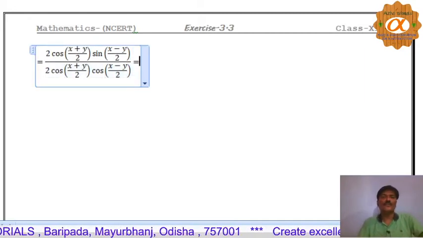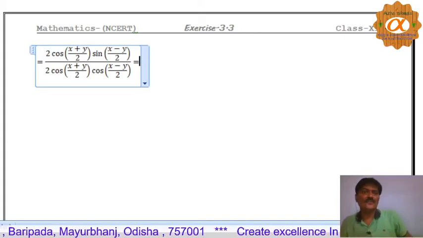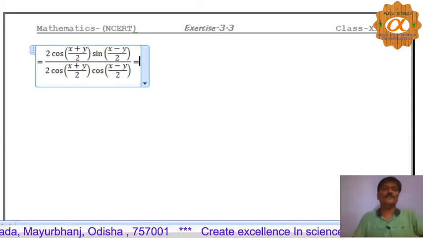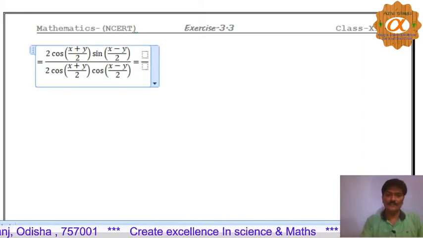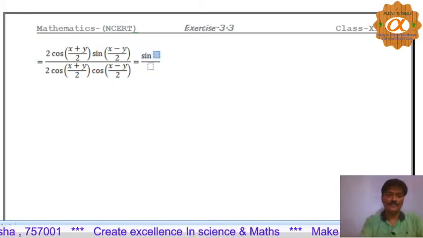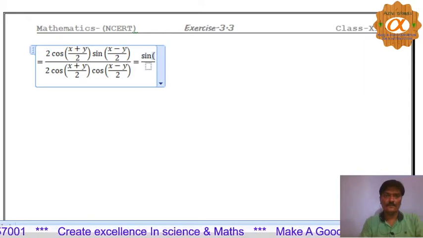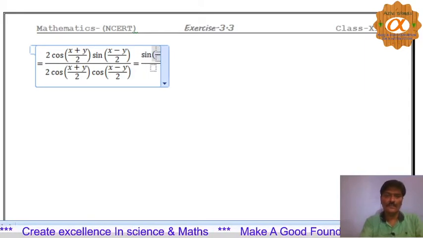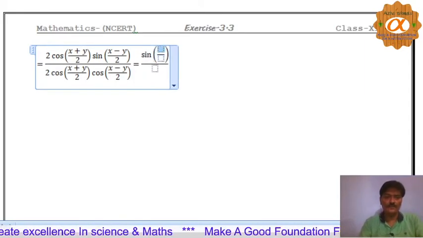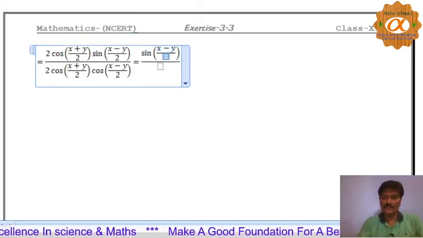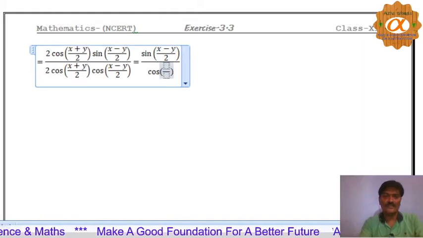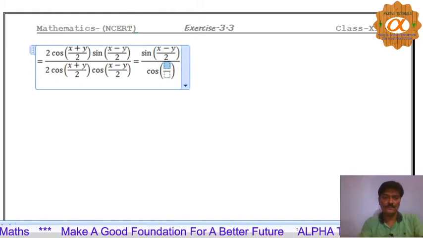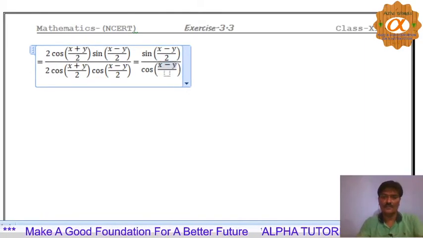Now 2 cancels out, and cos x plus y by 2 and cos x plus y by 2 cancel out. Now it remains only sin x minus y by 2 and cos x minus y by 2.